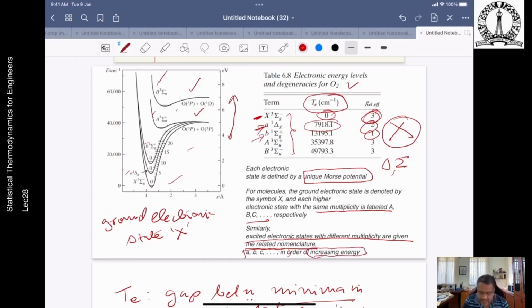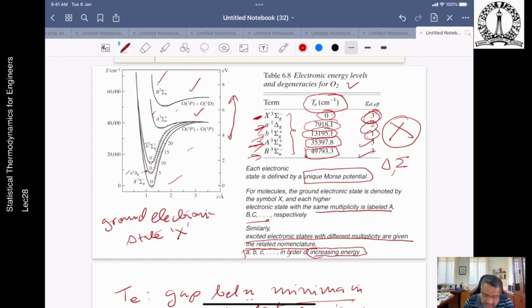That means B has more energy than A, and C has more energy than B. So naturally, you see that B has a higher energy compared to A, and that is given along with the degeneracy. Now you go to a different electronic state altogether, a higher electronic state with the same multiplicity. That is given as this. This is TE, and B is higher than A, so it is given as 49793.